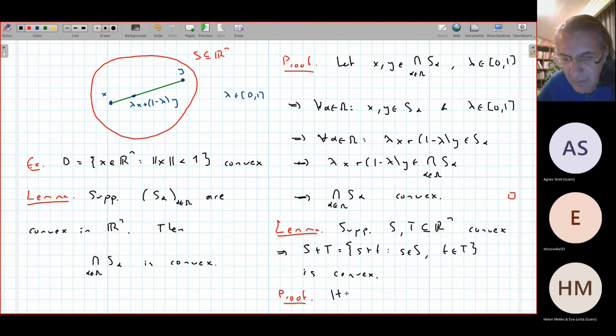The proof, I'm going to leave to you to prove. This is also relatively simple. These are just some properties of convex sets. I guess that you already studied convexity, right? Yes, we did. Great. So just do this proof at your convenience.